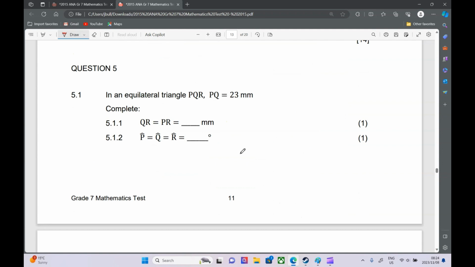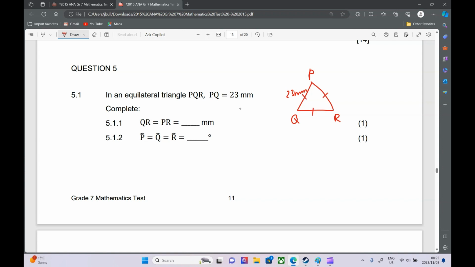Okay, in an equilateral triangle PQR, we've got one side is 23 millimeters. So let's just draw this triangle quickly. So PQR. And they tell us this PQ is 23. Now they want to know what are the other sides. In an equilateral triangle, all the sides are equal.